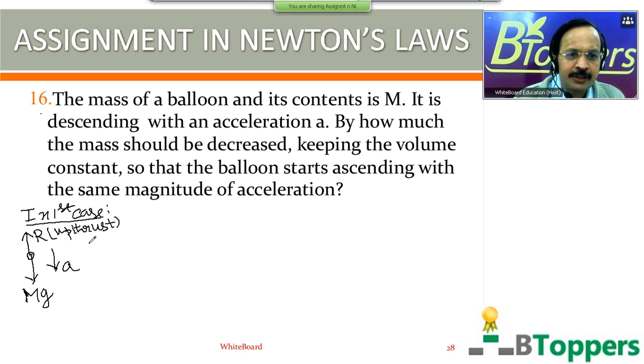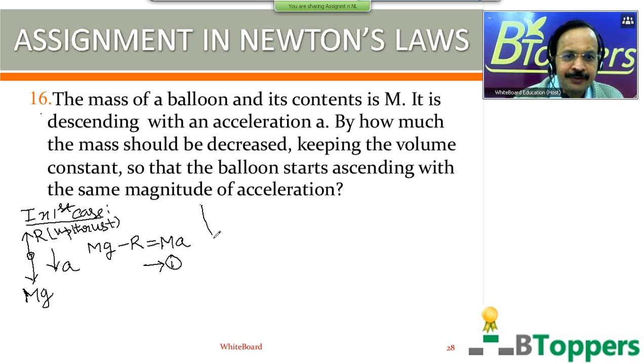The magnitude of the resultant force on the balloon in the downward direction is equal to mg minus R. From Newton's second law, this will be equal to the product of the mass of the balloon and the magnitude of its acceleration, so we can write it as mA.